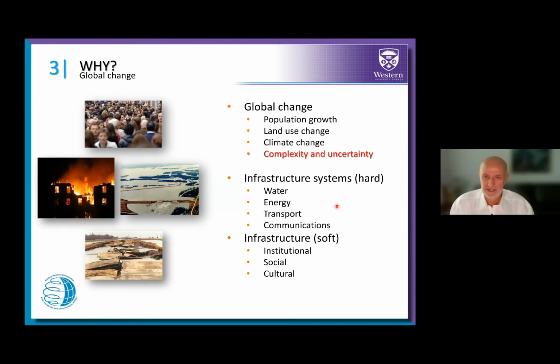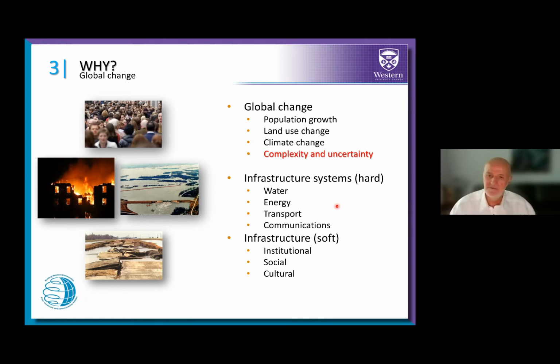And all these different aspects of global change are making our problems a little bit more complex. They're introducing additional uncertainties, and the solutions that we need to find have to respond to this changing situation. Both hard infrastructure and soft infrastructure are very much affected by these globally changing conditions.